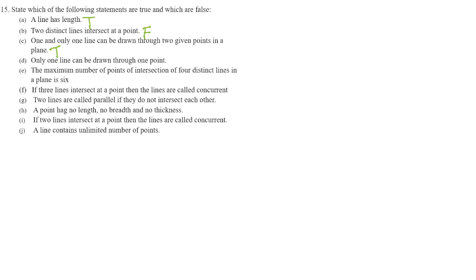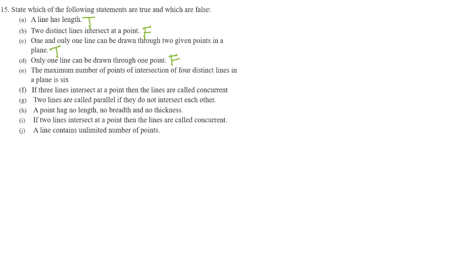No, there can be many lines drawn through one point. So this one is false. The maximum number of points of intersection of 4 distinct lines in a plane is 6. Well, you might be thinking that it is false. It's 4. But let me show you the magic, my friends.